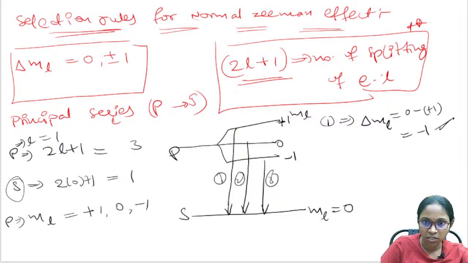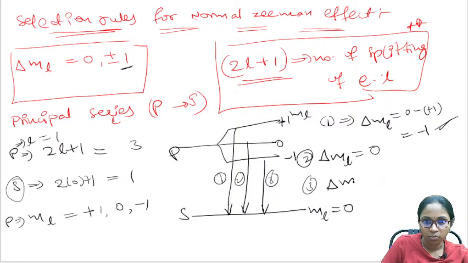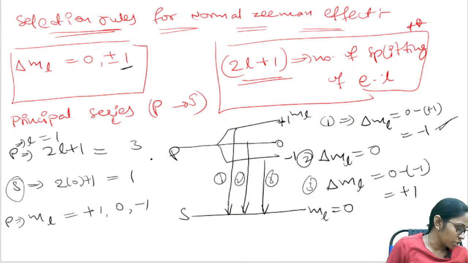So this transition is possible because in the selection rules we have minus 1. Coming to the second line, delta ML will be 0 minus 0, which is 0. This transition is also possible. And for the third line, 0 minus of minus 1 will be plus 1. This transition is also possible.